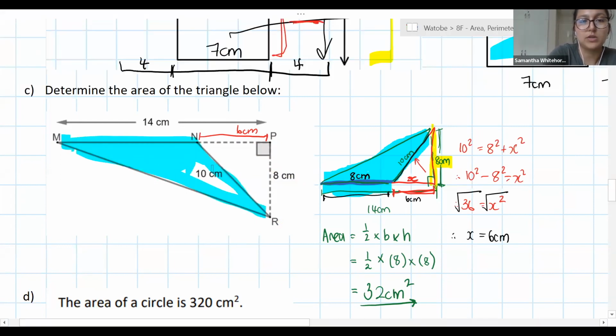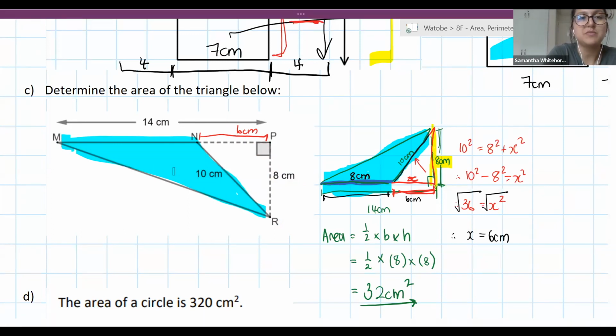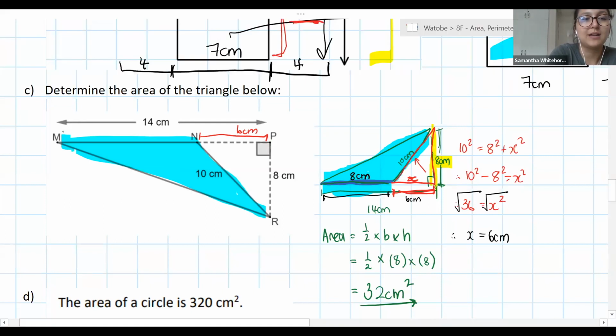That's the area I'm wanting to find. But having that 6 centimeters allows me to work out this length of MN, because if I know that the whole thing is 14, 14 minus 6 centimeters gives me 8 centimeters. And so this length of MN, which is my base, is then 8 centimeters.